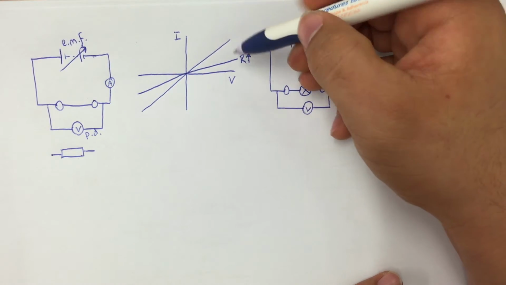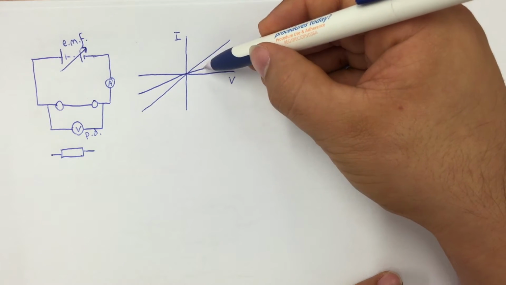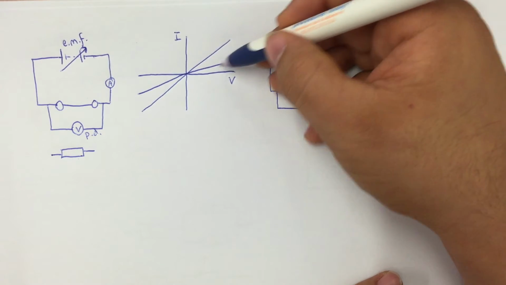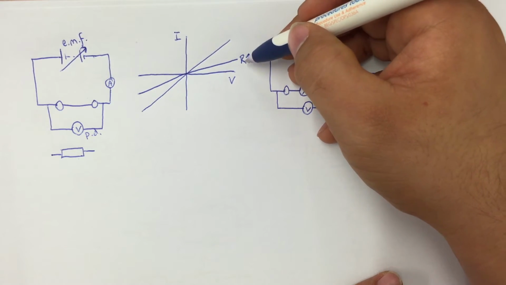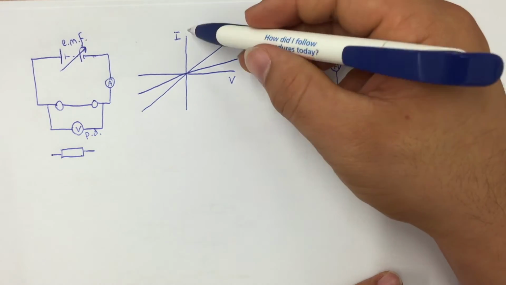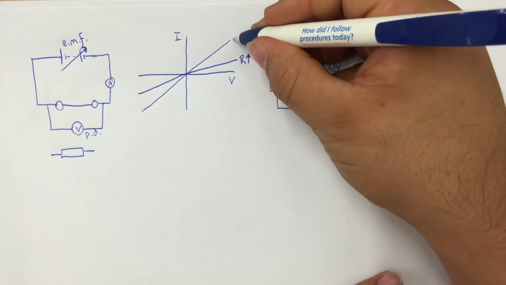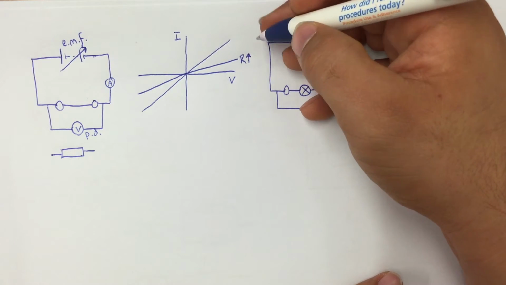Remember, the gradient is 1 over resistance, and so as the resistance increases, the gradient gets less steep in terms of the relationship between resistance and the gradient. Okay.